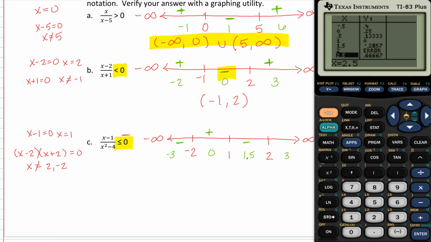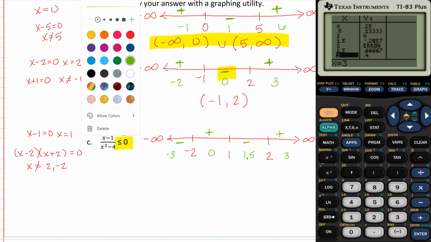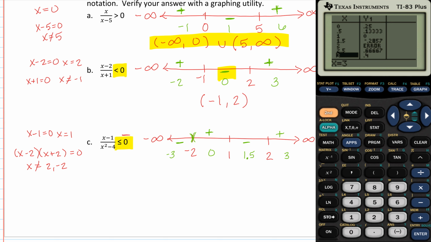Now I'm going to look for 3. It's positive. Now again, I'm looking for the values less than or equal to 0. However, at 2 and negative 2, if I remember correctly, oops, sorry guys, it's going to be parentheses at these. So I'm just going to put my parentheses in there. That way it's a good little visual for me.